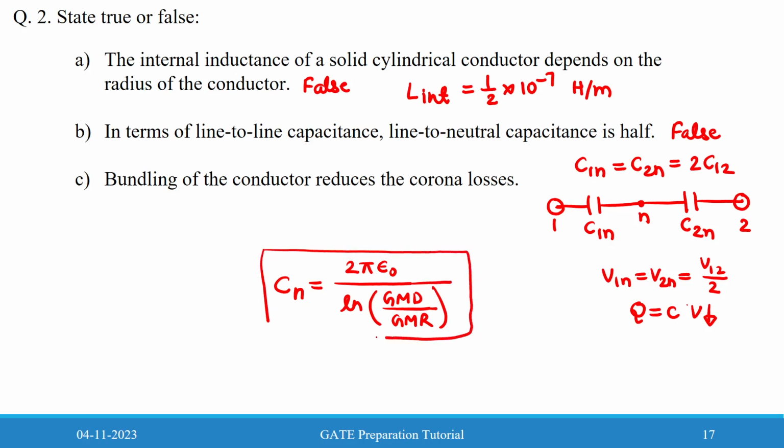If it is asking about line to line capacitance, then the 2 will vanish. If it is asking about line to neutral capacitance, then the 2 will come here. You have to remember this expression so that you can correlate the terms, because they generally ask line to neutral capacitance, not line to line capacitance.